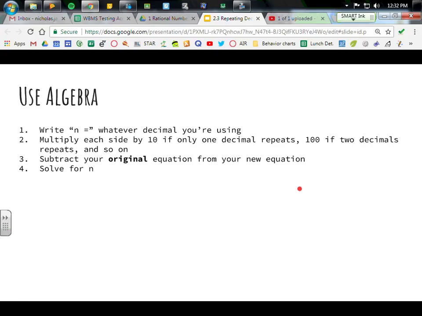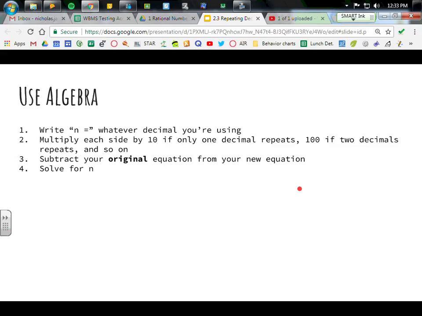So here are the 4 steps that you follow. First, you're going to use the variable n. You're going to write n equals and then whatever decimal it is you're looking for. So maybe you're looking for 0.7 repeating. So I would have n equals 0.7 repeating. Then I would multiply each side by 10 if only one decimal repeats, 100 if 2 decimals repeat, and so on. So for 0.7 repeating, I've got one digit that's repeating, a 7, so I'm going to multiply by 10.